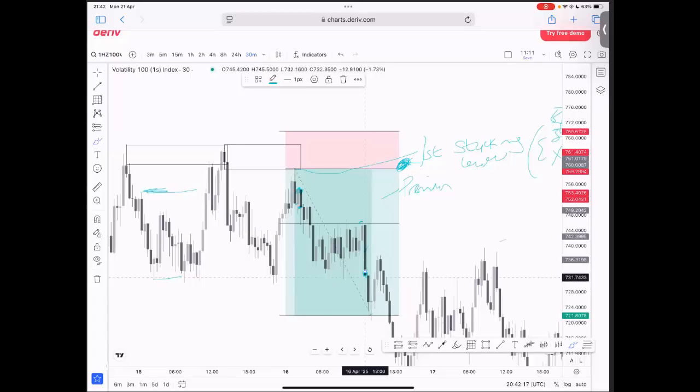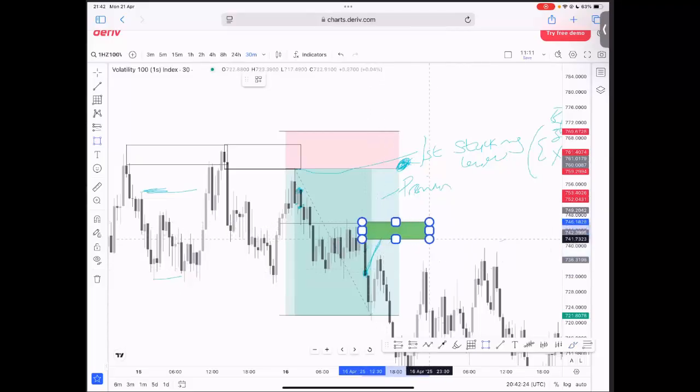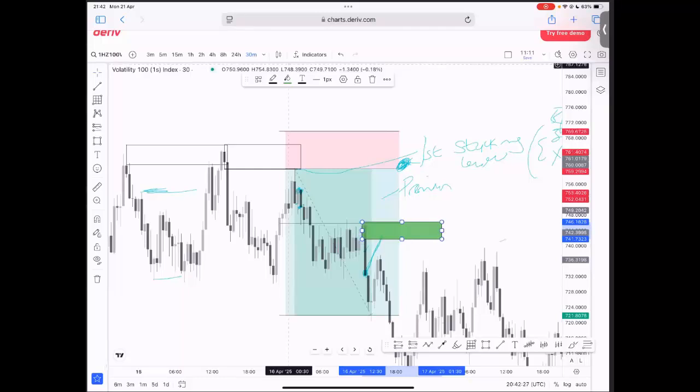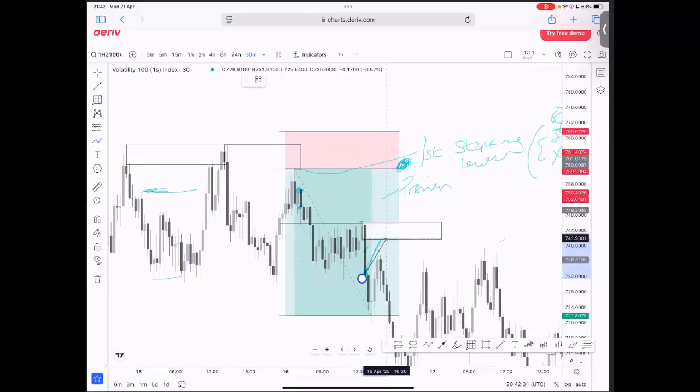Instead, you're going to wait for a pullback, like a mitigation of that engulfing. More like when you have something just like this, you're waiting for price to pull back into that engulfing. So you're going to be stacking at the mitigation of the engulfing. Very different from when they close at similar points, where you're stacking at the close.